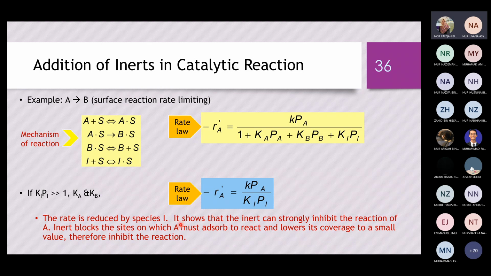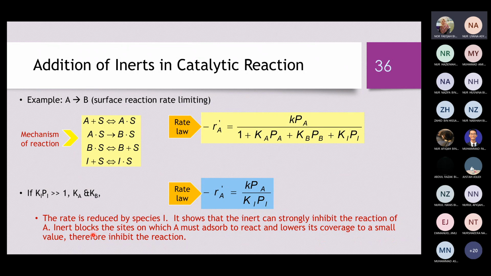So they will affect the reaction of A because this value is much larger than another term. Inert blocks the sites on which A must adsorb to react and lowers its coverage to a small value, therefore inhibiting the reaction.